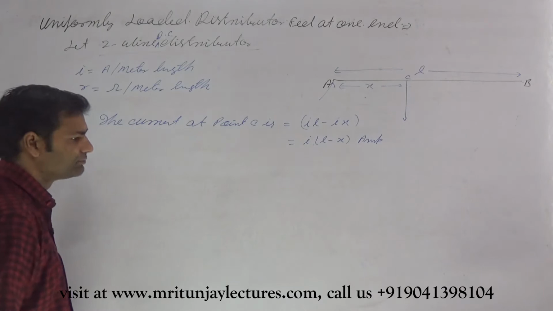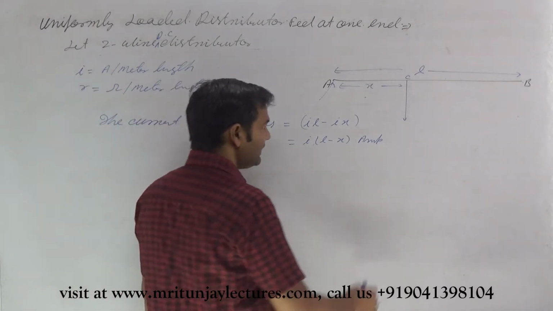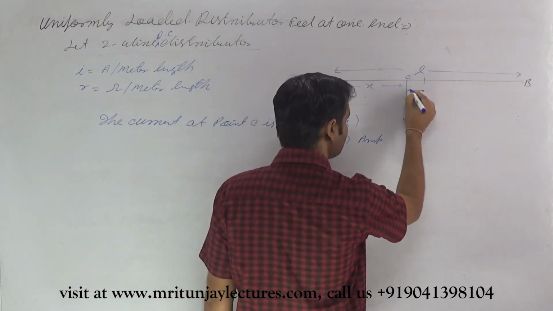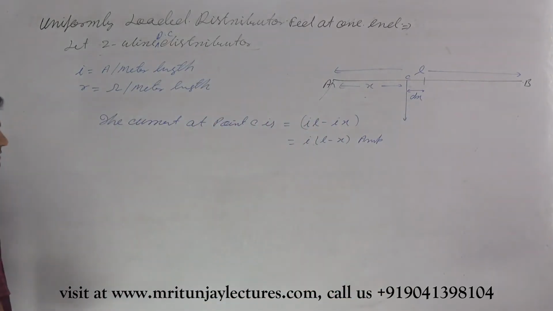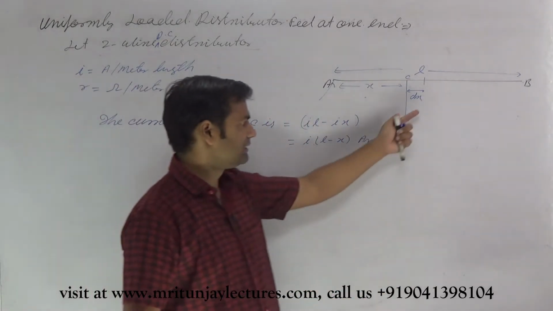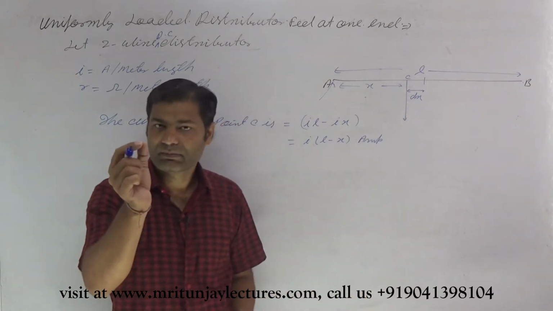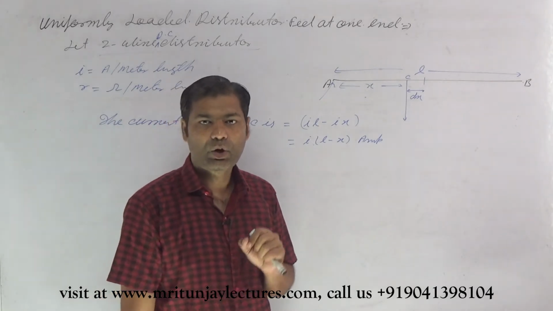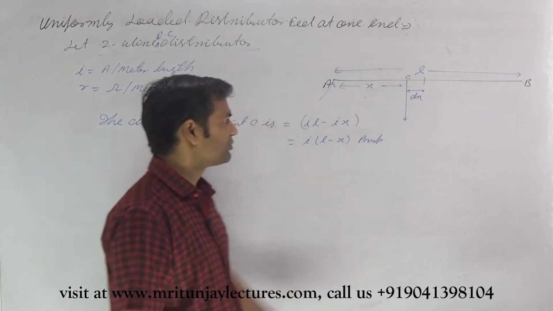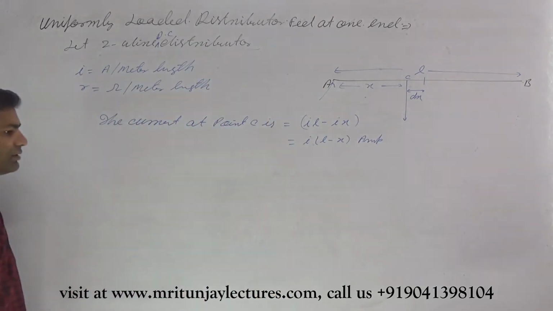Now if you consider a small strip dx, what about the resistance corresponding to this length? That is dx meter, so R into dx. What about the voltage drop corresponding to this portion?